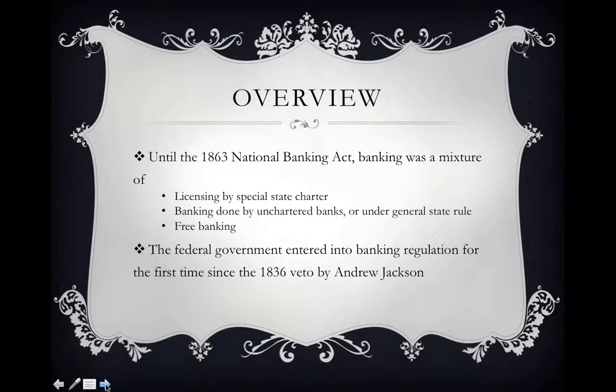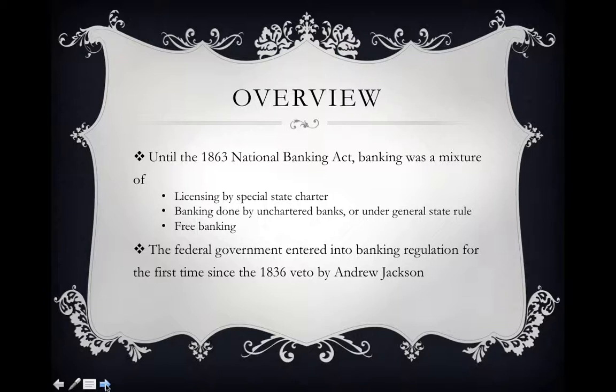Remember that the National Banking Act comes into play in 1863, and I want you to be aware of what the banking system looked like, and it was quite a mixture of things. There was licensing of special charters of state banks. So you could have a bank, for example, in the state of New Jersey, but you had to have a special charter.